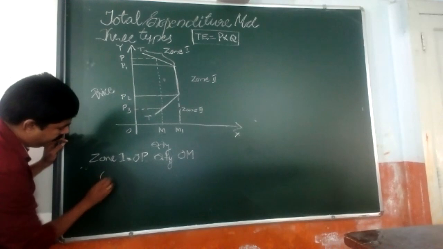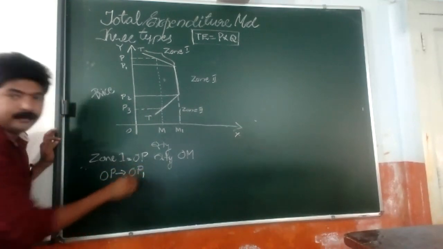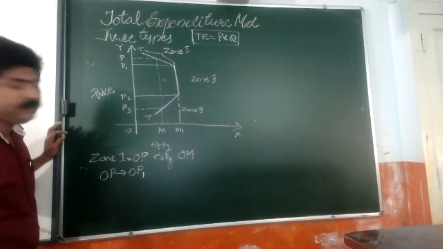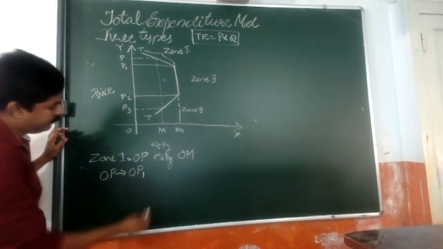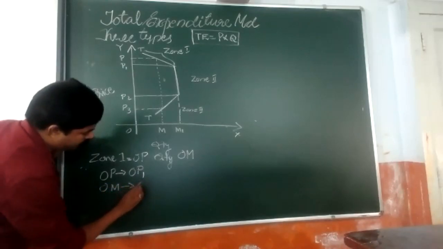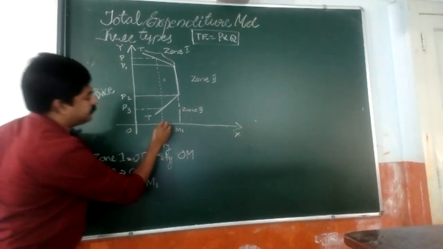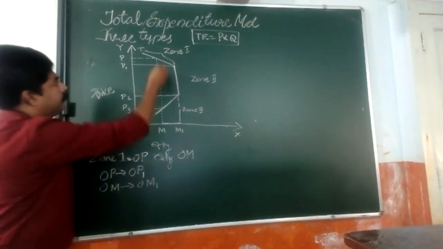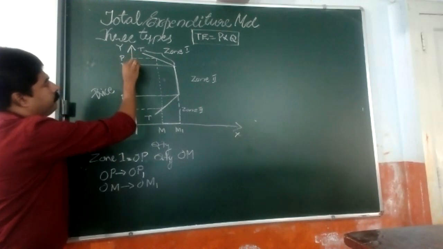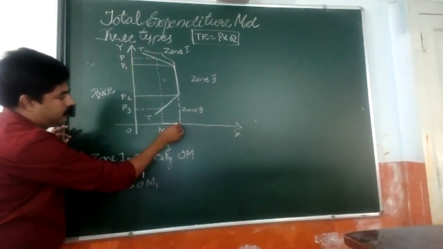OP to OP1. Good. Then what about the quantity demanded? OM to OM1. Now see this gap. What is more? The quantity.